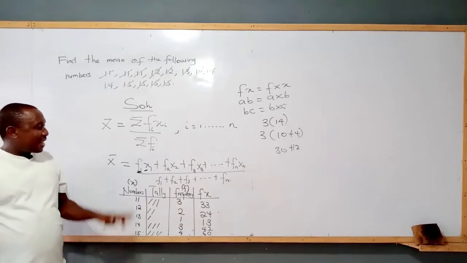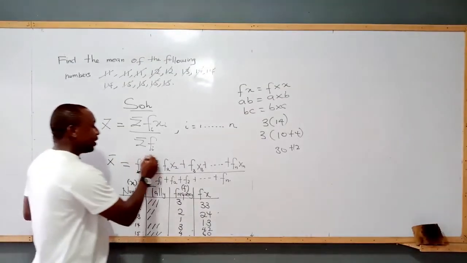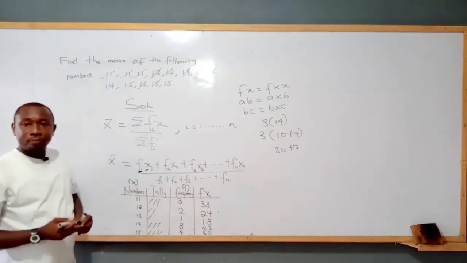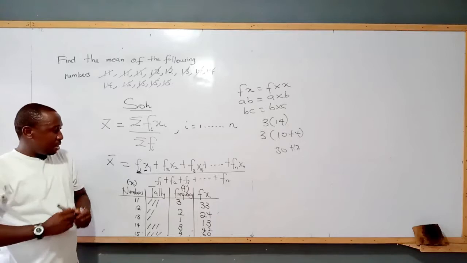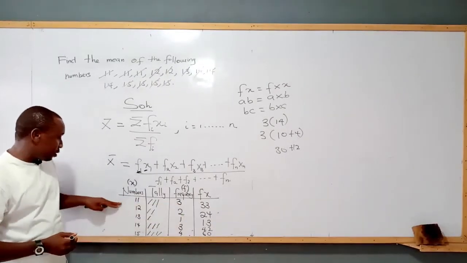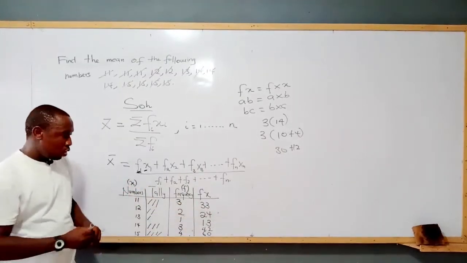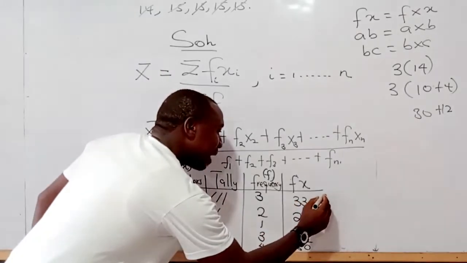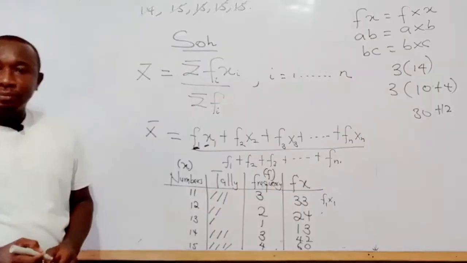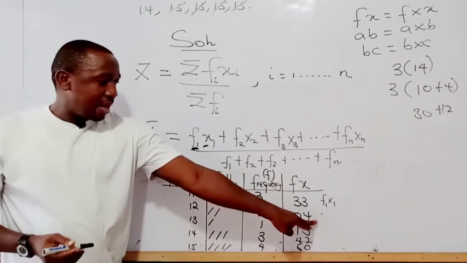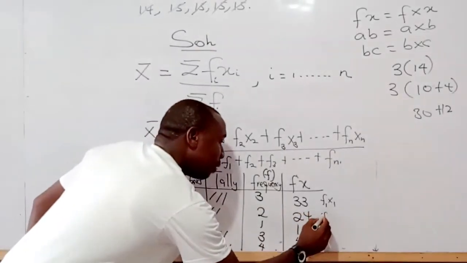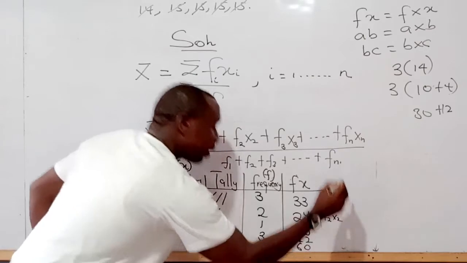To better understand what I have written here, the expansion of this formula, let me explain it here. The first row represents our F1, X1. The second row represents our F2, X2.